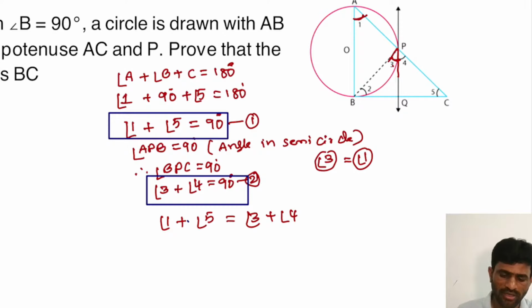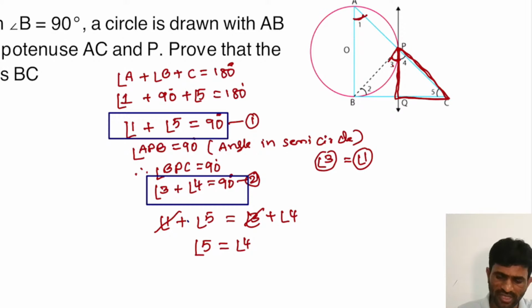Now angle 1 and angle 3 are equal by alternate segment theorem. So by this we understand angle 5 is equal to angle 4. Means this triangle is an isosceles triangle. So when angle 5 is equal to angle 4, we say that PQ is equal to QC because it is an isosceles triangle.